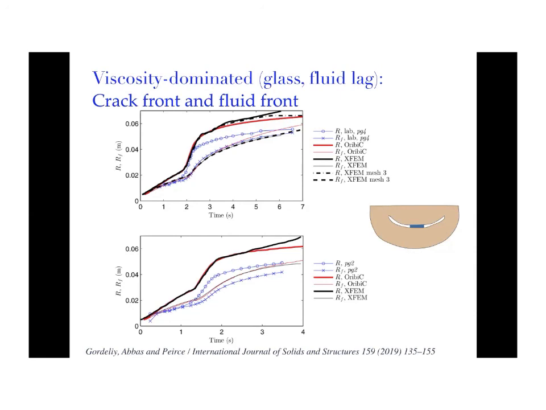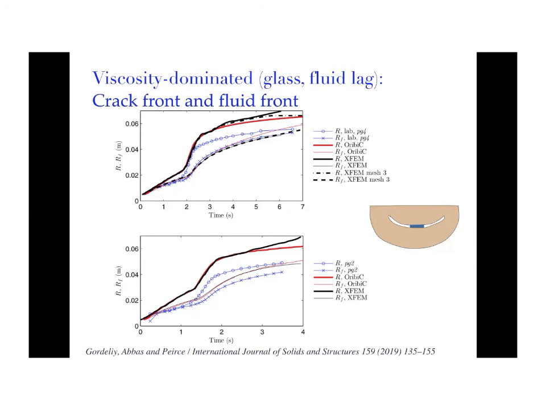How large must be the area of the crack tip enrichment? We have done some tests. Once it's sufficiently large, maybe a radius of 1, 2, 3 element lengths around the crack tip, it doesn't bring much difference in the numerical solution.